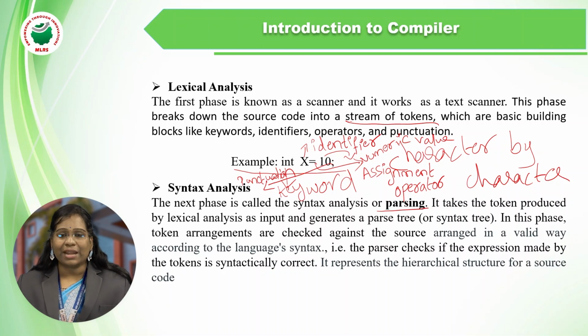The syntax analysis, known as the parser, takes the tokens from the first phase, the lexical analyzer, arranges them in a systematic way according to the language of the program code, and verifies whether the expressions made by the tokens are syntactically correct or not.